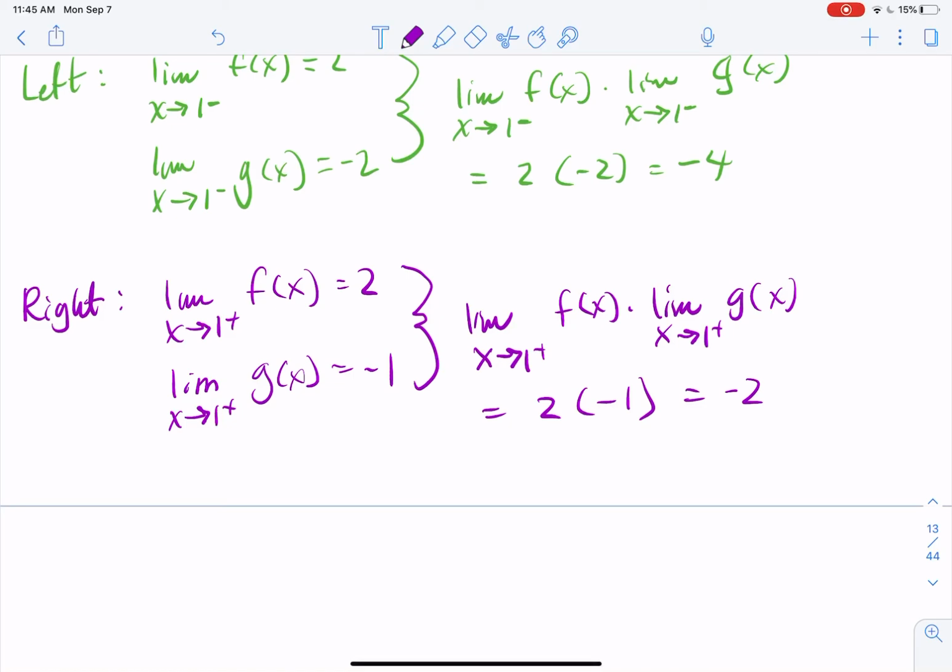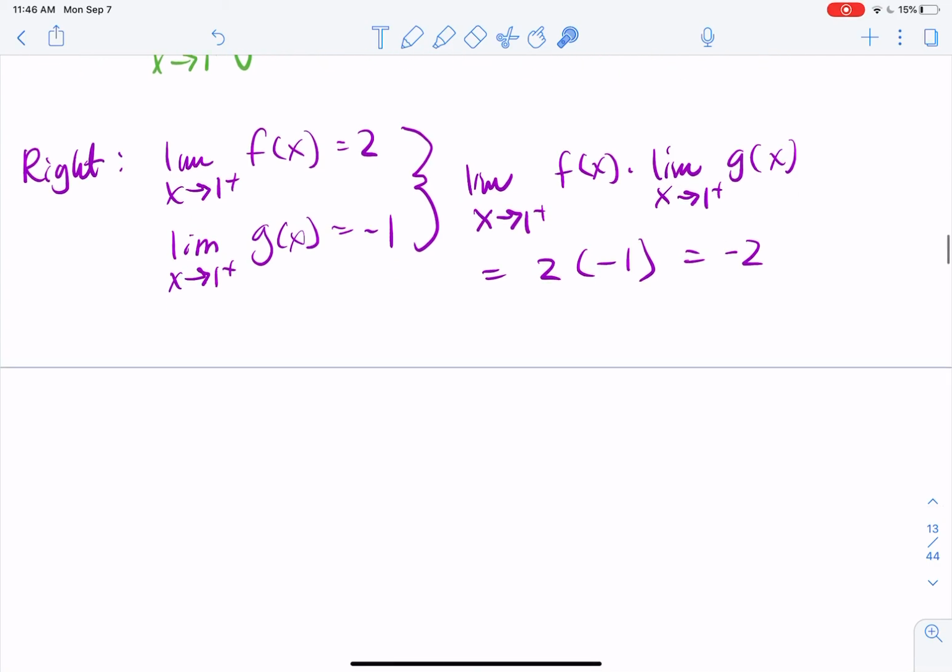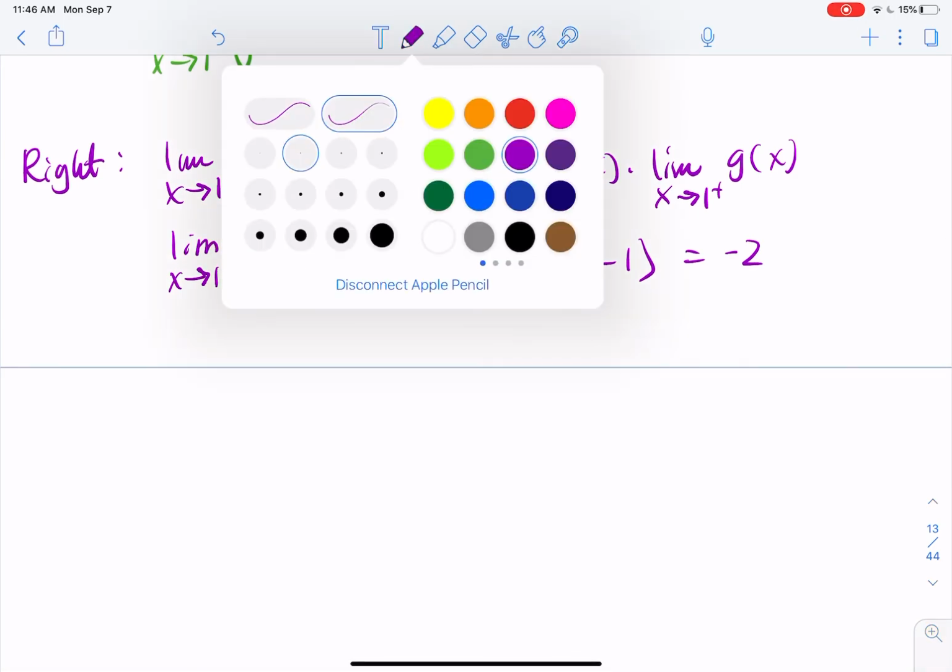That means that the limit as x approaches 1 from both sides does not exist due to differing left-right behaviors. On the left, it goes to -4, and on the right, it goes to -2. Those two numbers are not the same, therefore this limit does not exist. So that's my conclusion here.